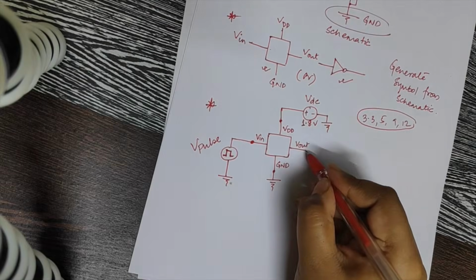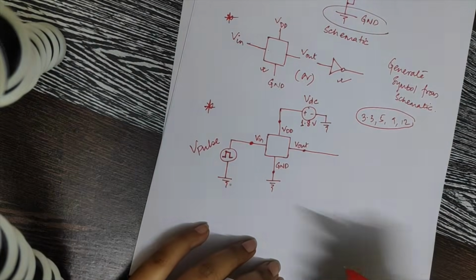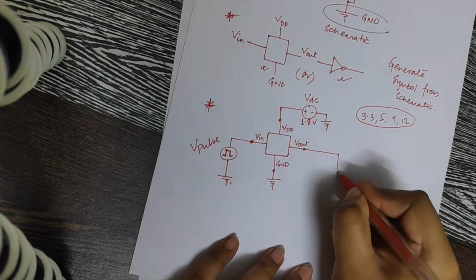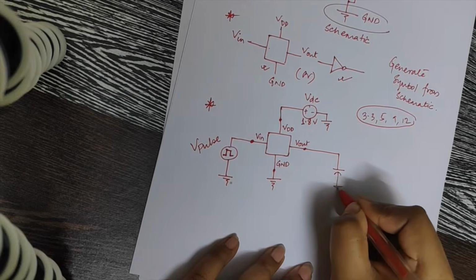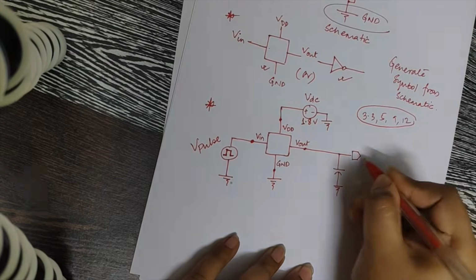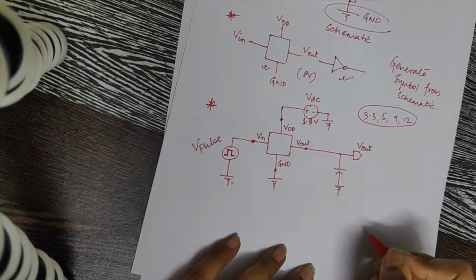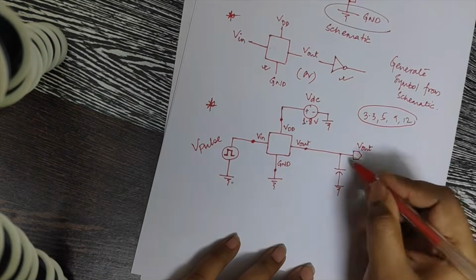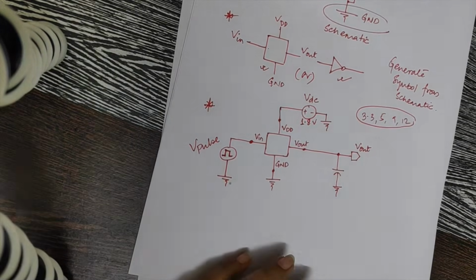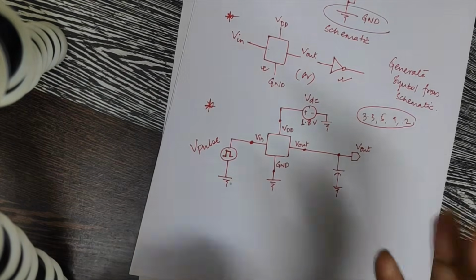Now, in Vout, this is where I will take the output from. So can I add a voltage source? Obviously not. So what I will do, I will attach one capacitor and I will add an output pin, and I'll name this output pin as Vout. Why did I attach a capacitor at the output? Because any circuit in VLSI should not be designed without a load.